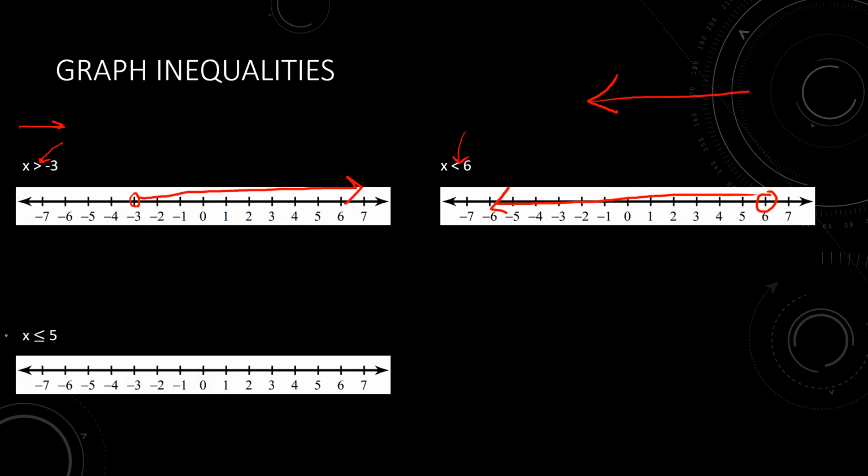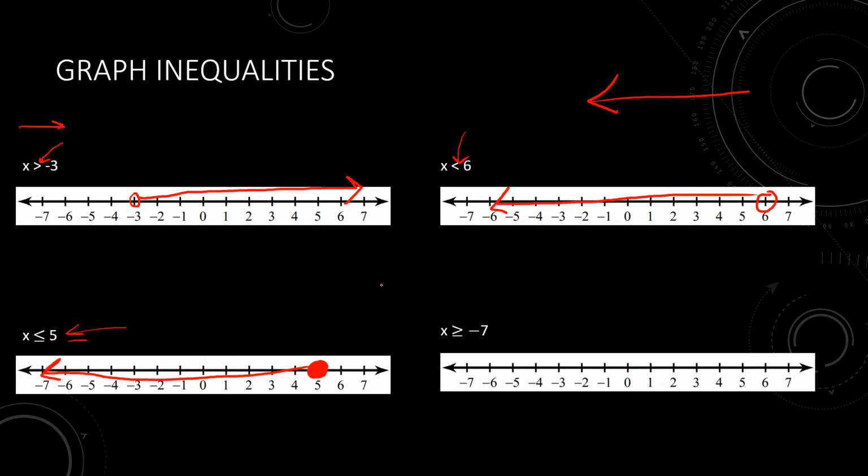Here I have x is less than or equal to 5. Now I'm going to fill in my dot on my 5 because it is less than or equal to. And remember, if you take your inequality sign and draw your line, my arrow is going to be going backwards. Here, x is greater than or equal to -7. Again, a closed dot, and arrow going all the way this way.